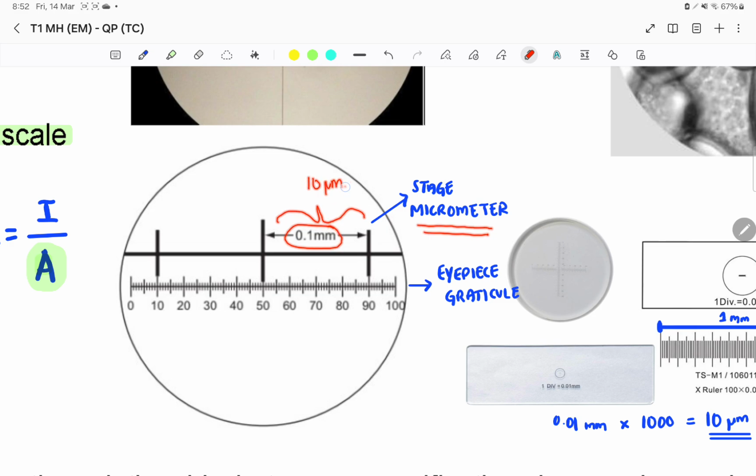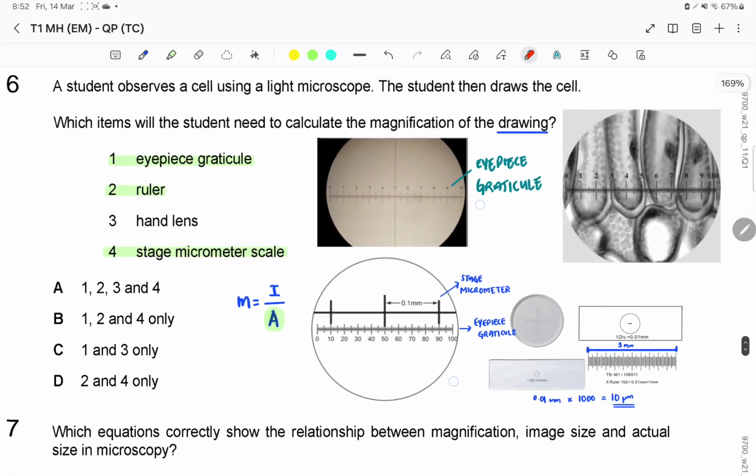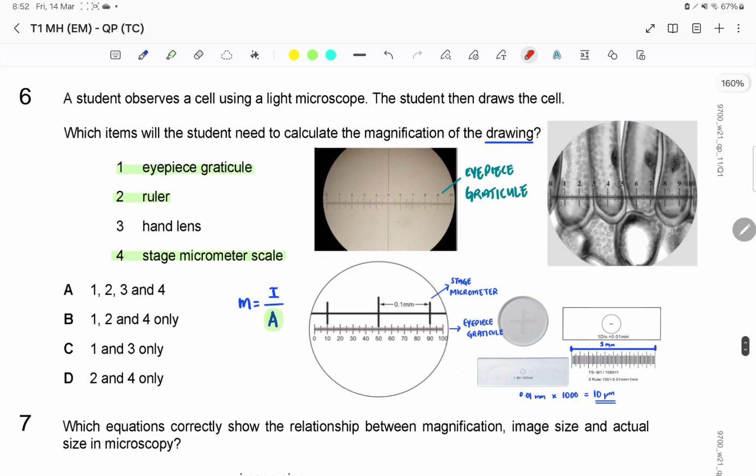We can use this to calibrate and find the value for each division of the eyepiece graticule. I think I'll discuss that with you separately. So in this case, the correct answer for number 6 would be 1, 2, and 4, and that would be B.